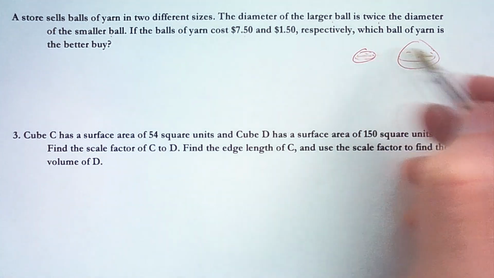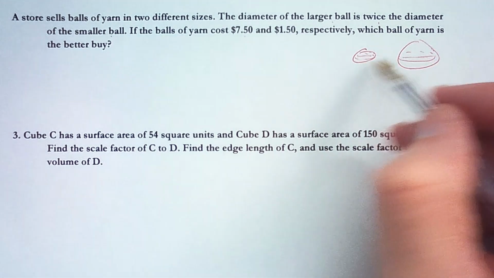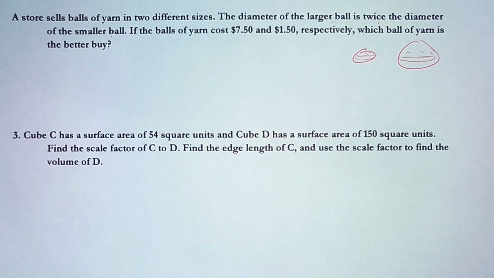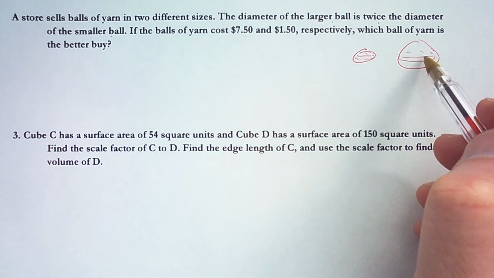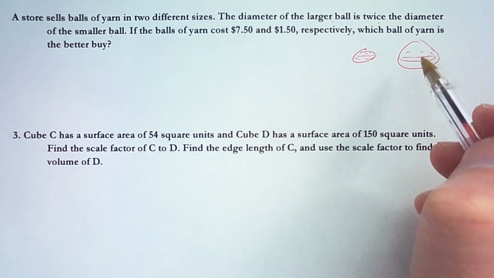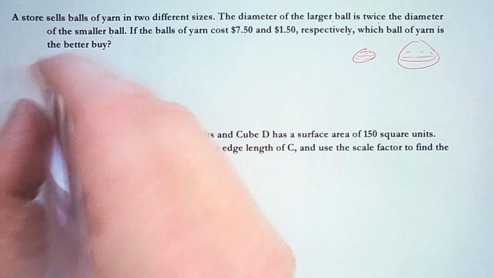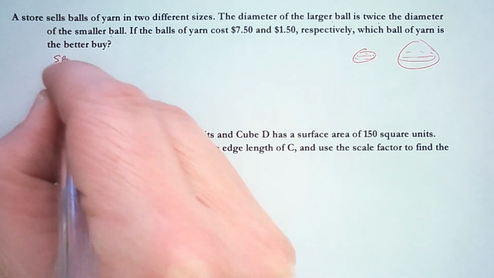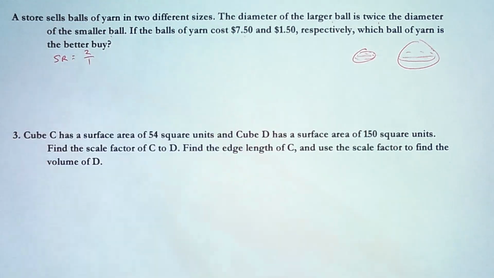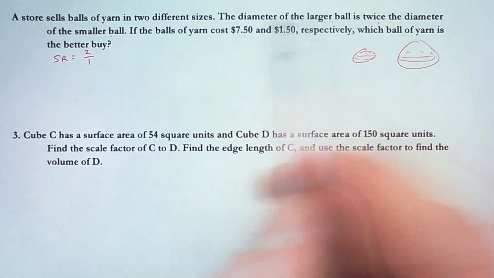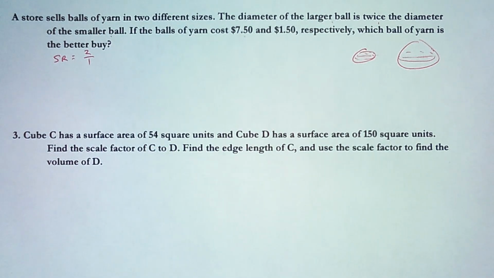Okay, so we've got our smaller ball of yarn and our larger ball of yarn, and if this one has twice the diameter, that doesn't mean it has twice the volume. So we need to actually compare how these volumes compare to each other. So we have a scale factor or a similarity ratio of 2 to 1. Why? Because the larger ball's diameter is twice the smaller ball.